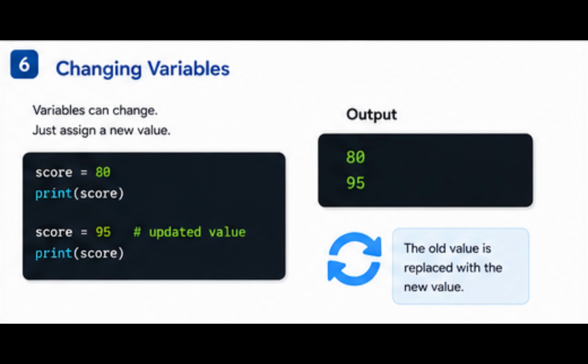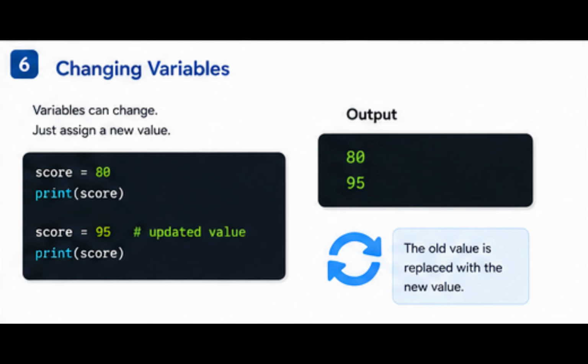Variables can store different kinds of data. Let's look at 4 common types. First, strings store text and must be enclosed in quotation marks. Examples include names, cities, and messages. Second, integers store whole numbers, such as 15 or 100.